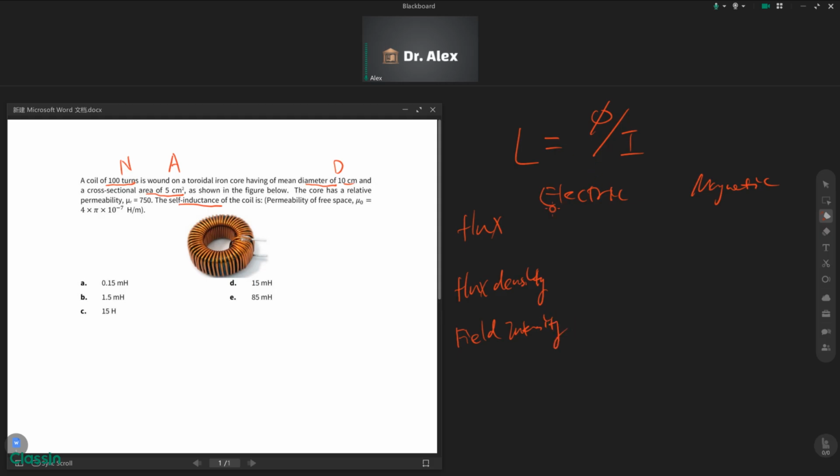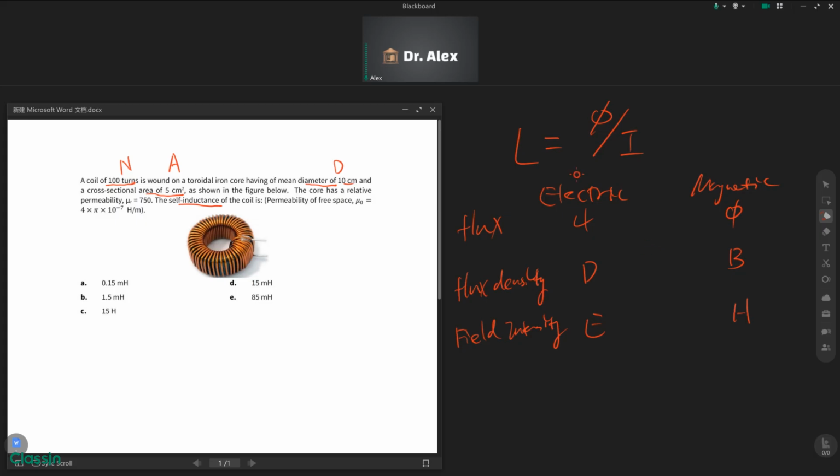So the electric flux is psi. Magnetic flux is phi. Electric flux density is D. Magnetic flux density is B. And finally, electric field intensity is E, and the magnetic field intensity is H.